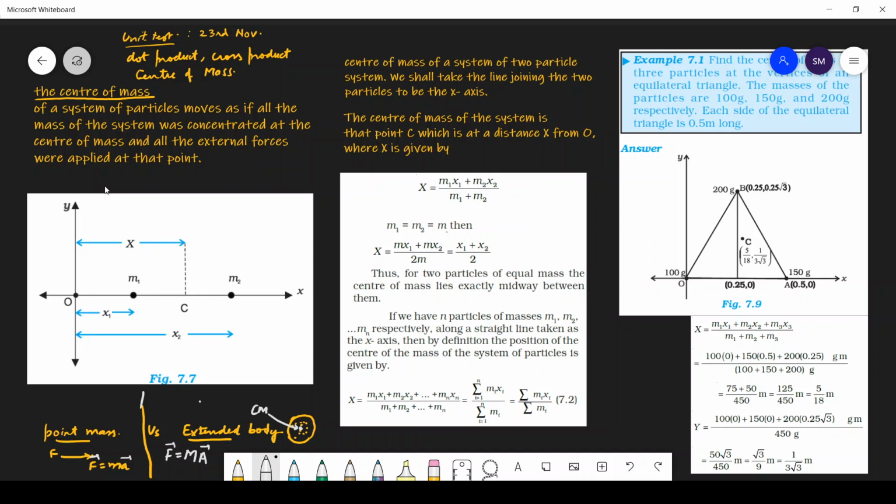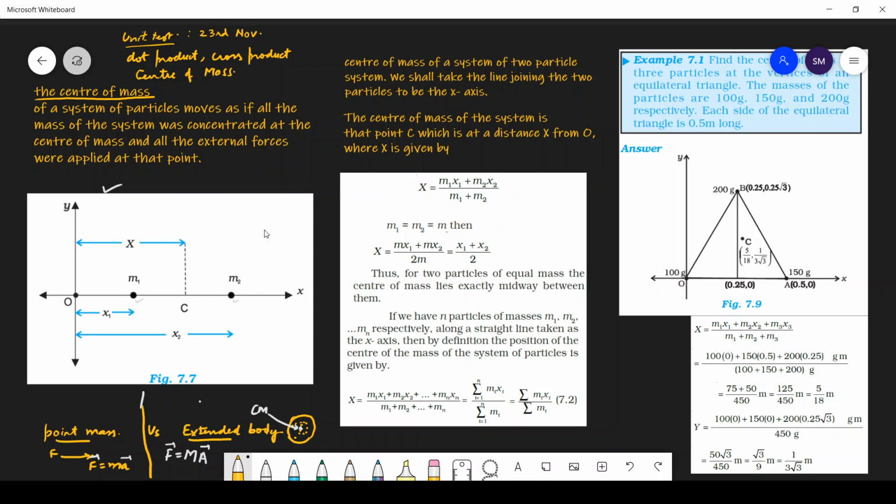So this is very simple. It's a system of two particles, so we have two particles, mass m1 and m2. See where the position of these two masses is. We take the line joining the two particles to be the x-axis, so both the masses lie on the x-axis.